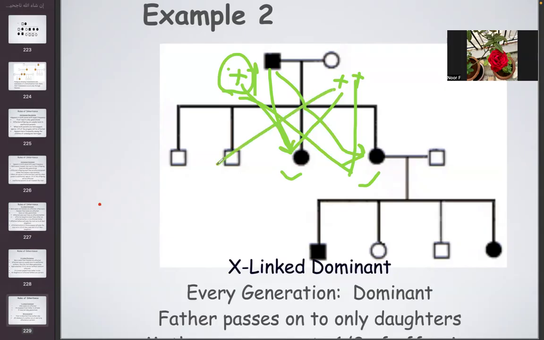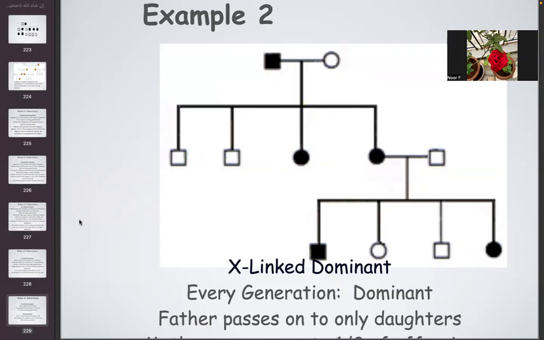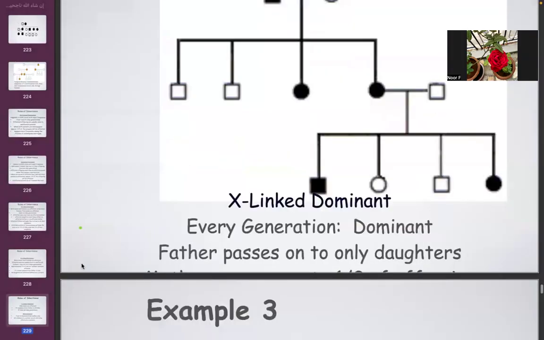The sons receive the X chromosome from the mother. Since the mother has normal X chromosomes, they are not affected. So this is X-linked dominant. Every generation is affected. Father passes on only to the daughters.